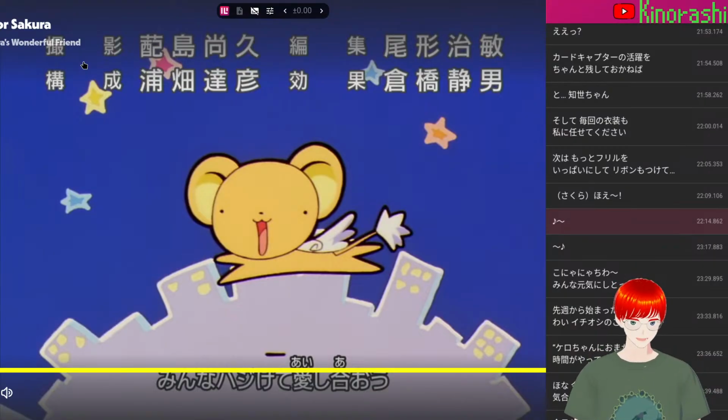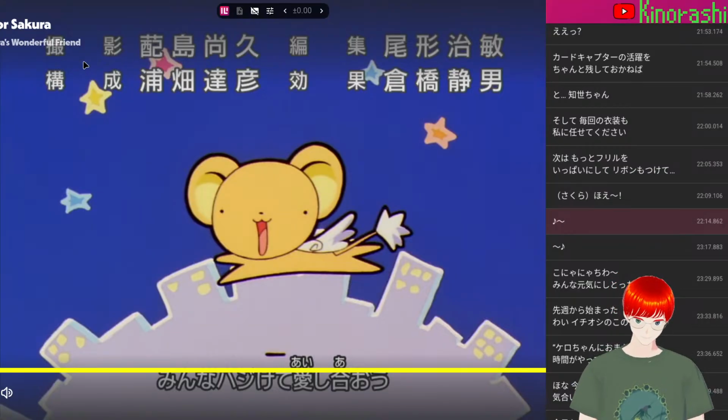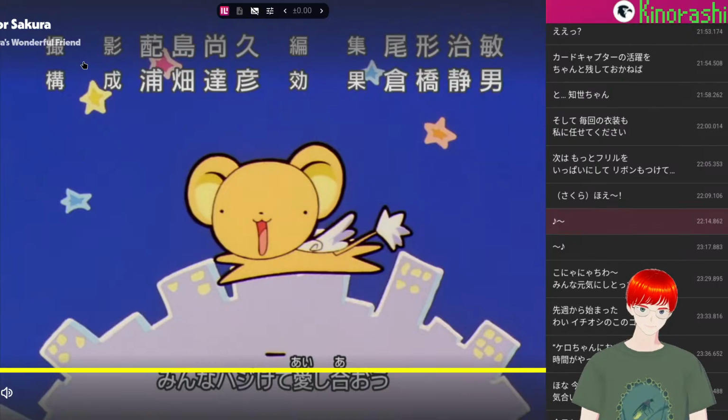Hajikeru, to burst open. So minna hajikete, everyone's bursting with what? Aishiao. That's like love and meet.